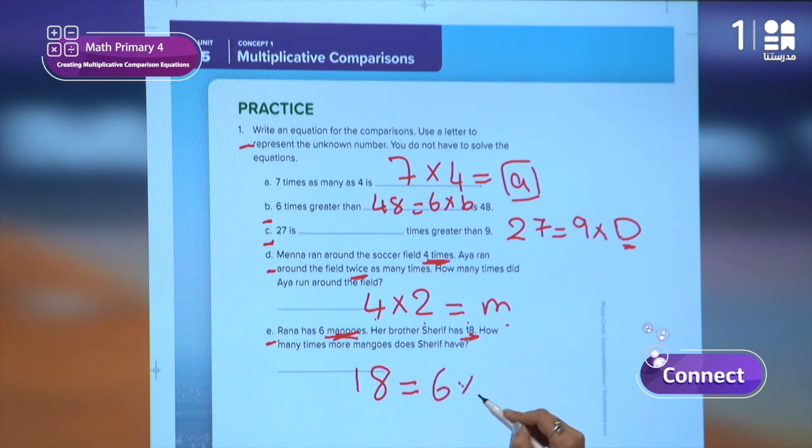The unknown number I will write as the letter R. Didn't we say the unknown number can be written as any letter? So my equation is 18 equals 6 times R.